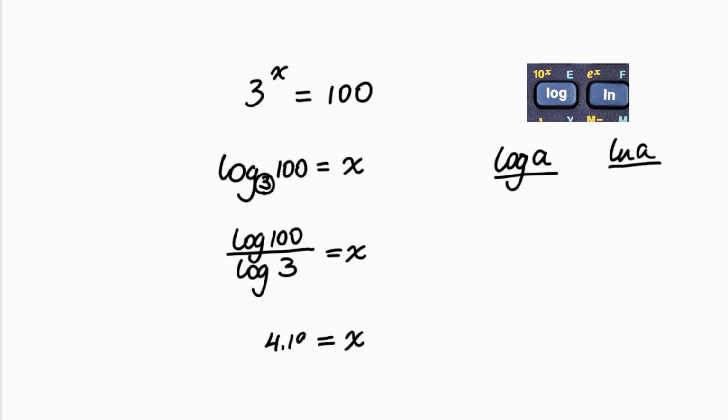approximately 4.19. It's a long decimal, right? So we'll have to round. 4.19. What does that mean? It means that 3 to the exponent of 4.19 is equal to approximately 100.